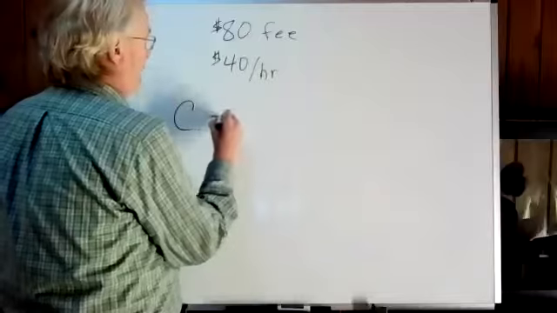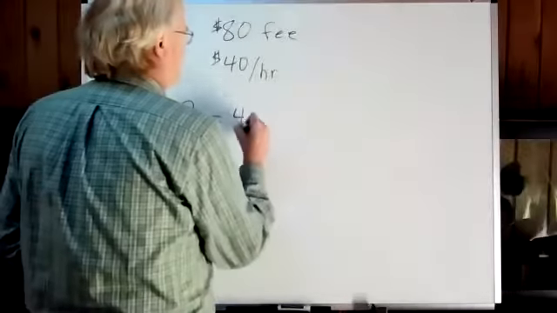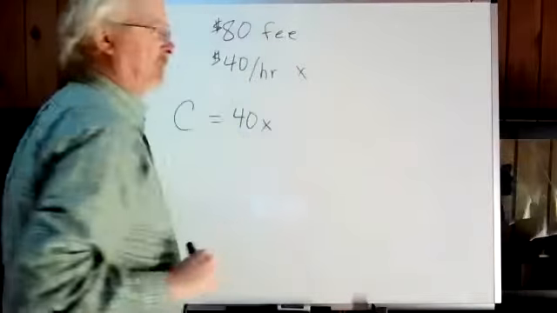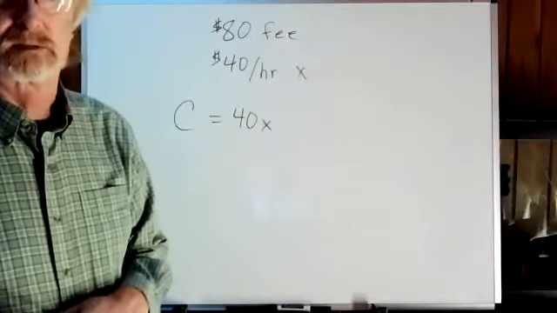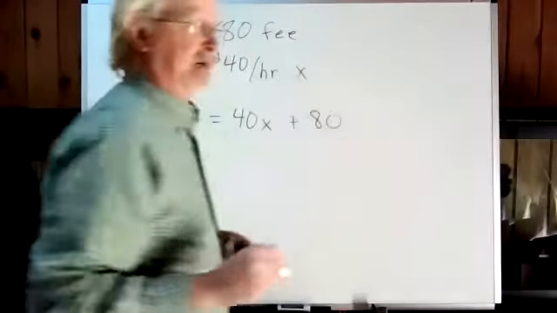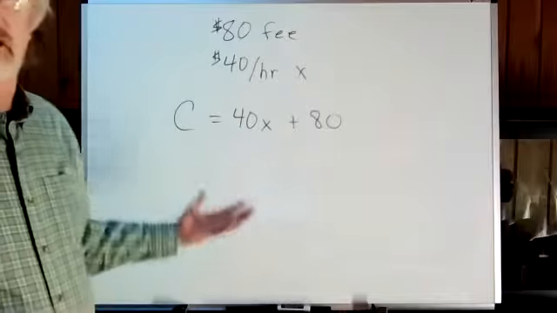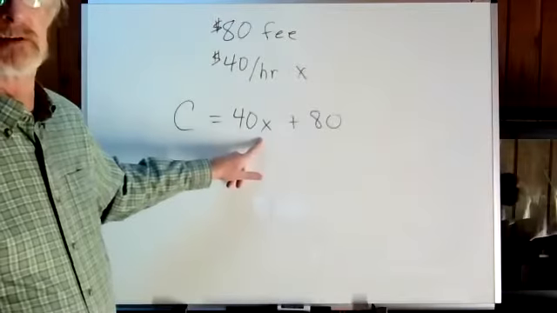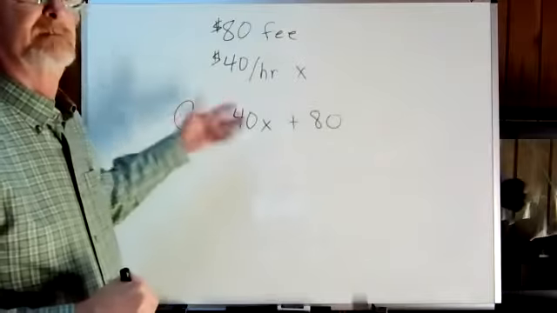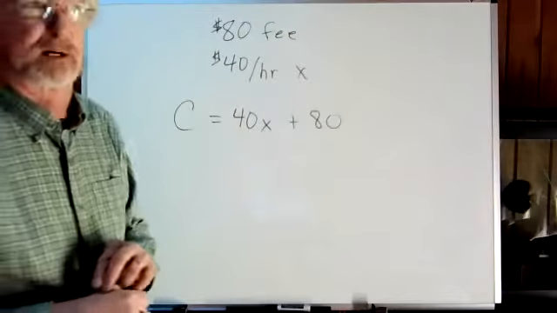So I might say the cost, well, I know it's going to be $40 for every hour that person works, plus the fixed fee, $80 just for showing up. So here I use C for cost. I could have put H in for the number of hours, I guess. In a word problem like this, you might see letters for variables that represent concepts in the problem.